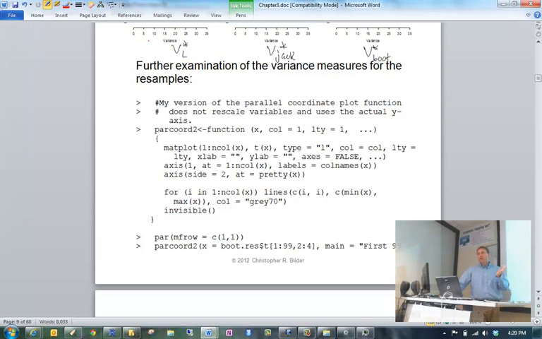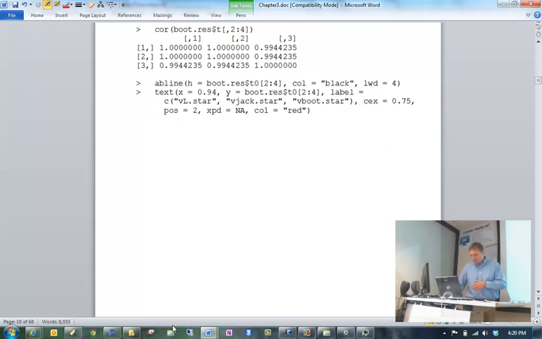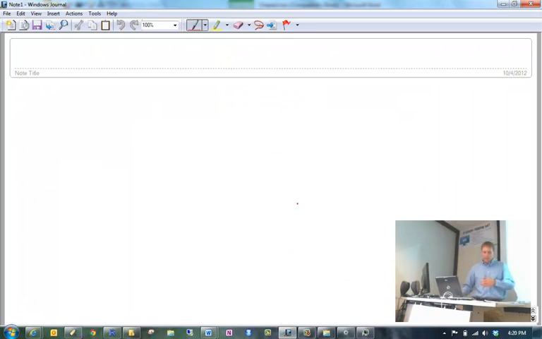I would hope they would be, but I was curious if this is true or not. So I came up with this idea of how to compare. I don't know, maybe other people have come up with this idea too, but I haven't seen others do this. And so what I do on page 311 is use what's called a parallel coordinates plot. Does anyone know what a parallel coordinates plot is? Has anyone not seen a parallel coordinates plot?